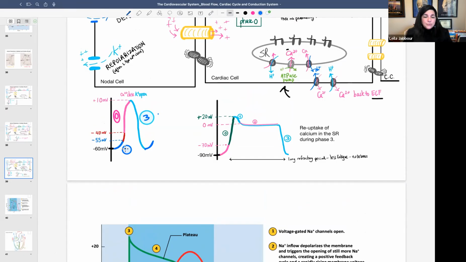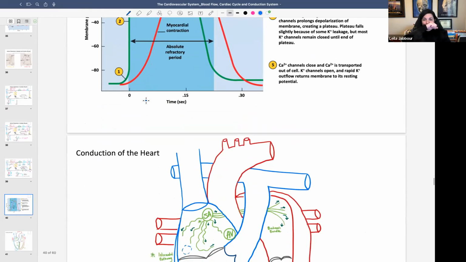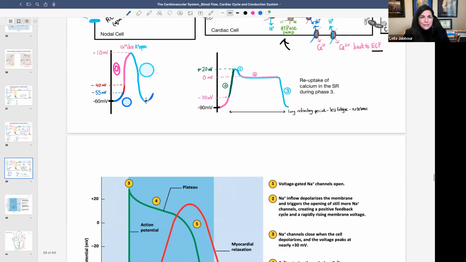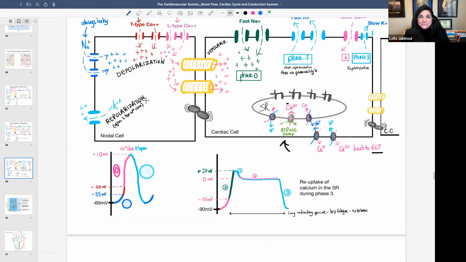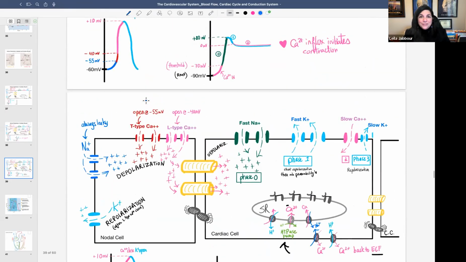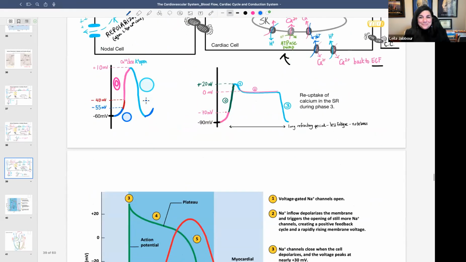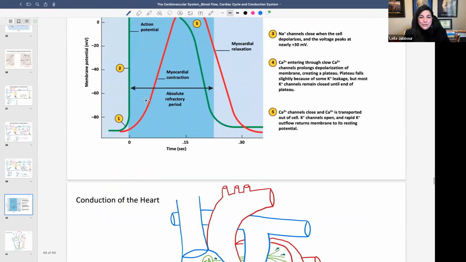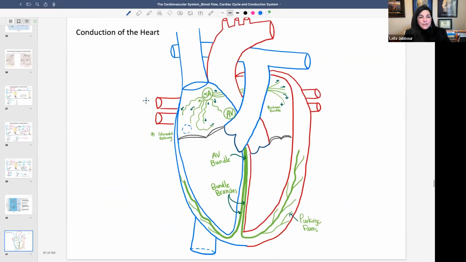This was phase 3 and this was phase 4. There's no phase 1 and 2 in nodal cells. Who knows why? I'm just scrolling up and down. This is not good. And that's okay.